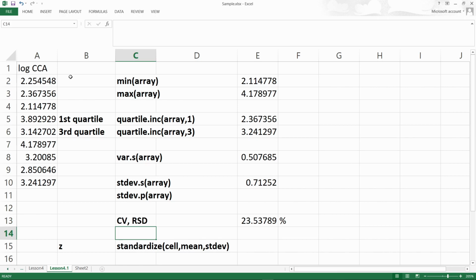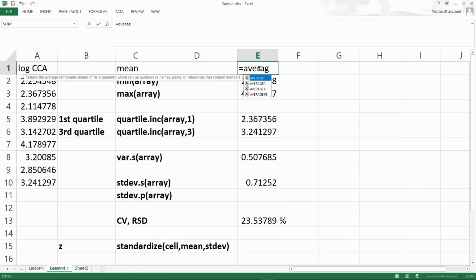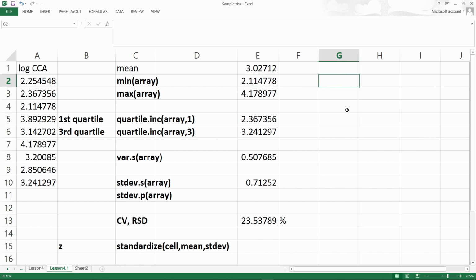To standardize this data to z-scores, we will have to calculate the mean with the following equation: average the array. Okay, so once we got that, we can type in standardize this cell according to this mean, 3.027, and according to the standard deviation, which is 0.712.